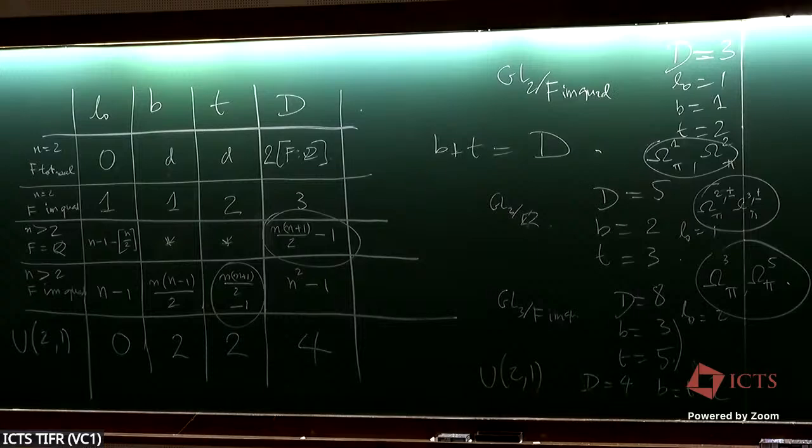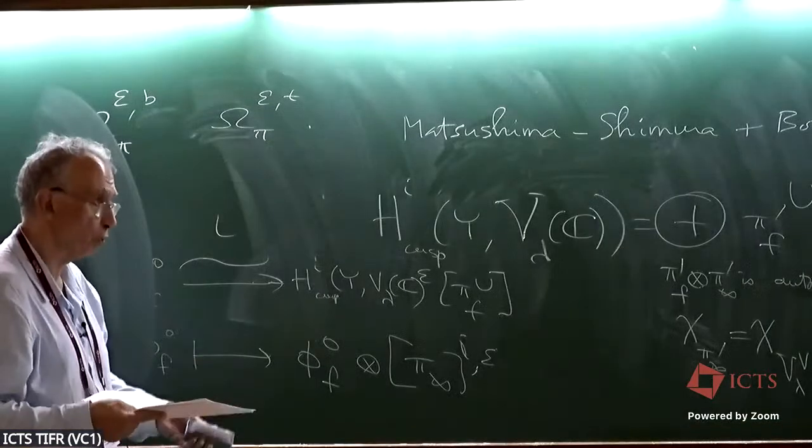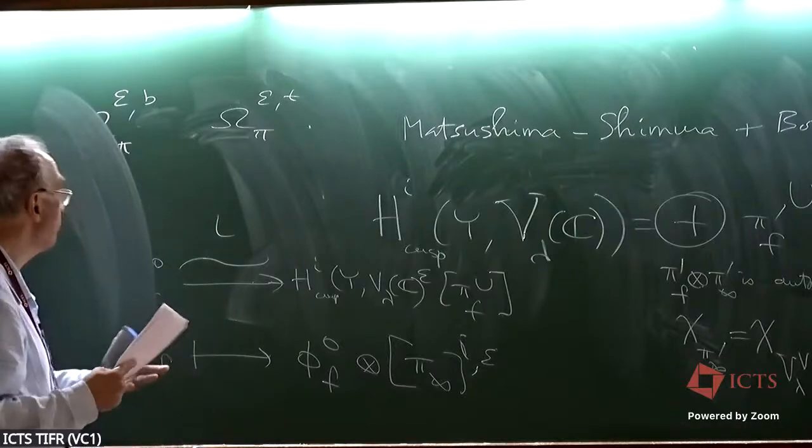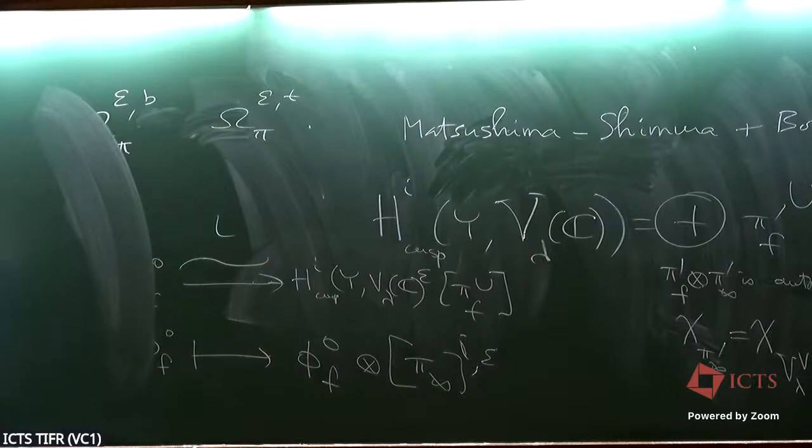So these are the atoms which we use to define the automorphic periods. You remember that we are trying to define analogs of these objects which are very difficult to reach. We want to define analogs which are automorphic.